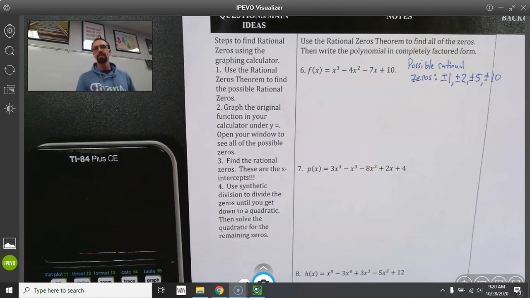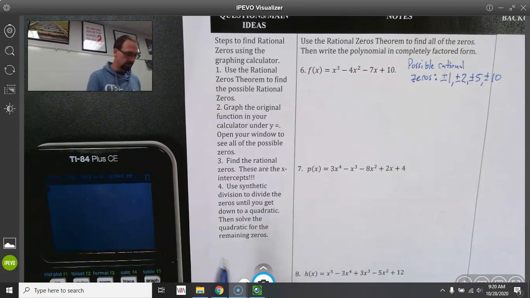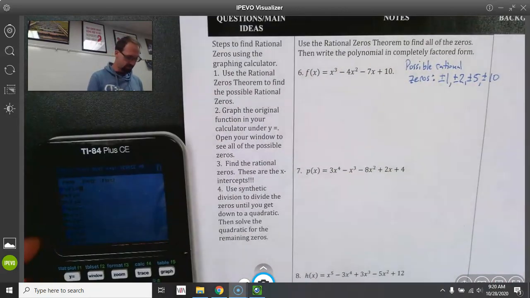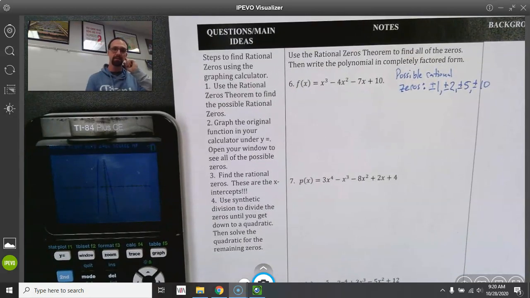Now I'm going to graph this equation. Let's go to my y equals. I'm going to graph x cubed minus 4x squared minus 7x plus 10. When I go to my graph, I may not be able to see all of the zeros, so I may have to access the window to adjust.